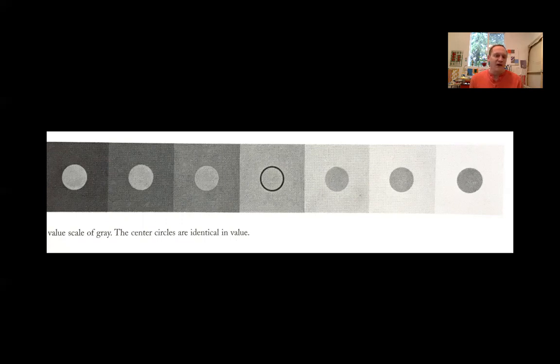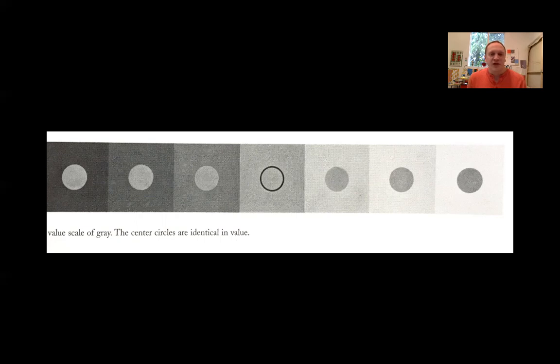What you've got happening with the circles in the middle is the central neutral gray, so that's the gray right in the middle of the value scale, circles of that in the different sides of the value scale. So we can see that when that neutral gray is taken and put on top of the black, it looks like it's really bright.